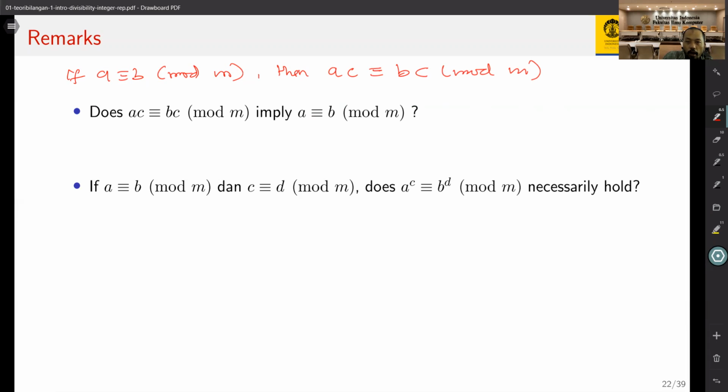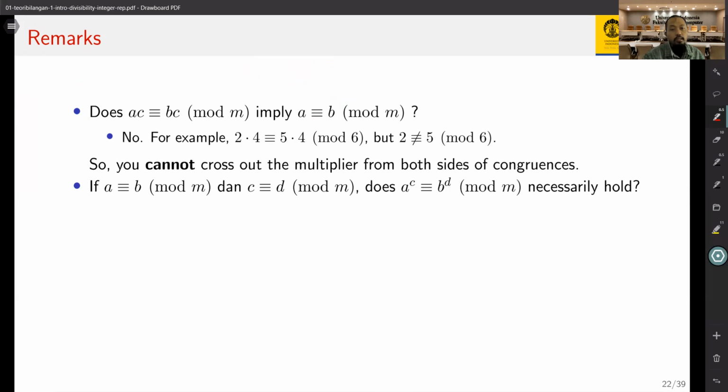Now, how about the other way around? This is left to right. How about the right to left direction? The answer is yes or no? No one? Okay. So the answer is no, right? For example, 2 times 4 is congruent to 5 times 4, modulo 6.